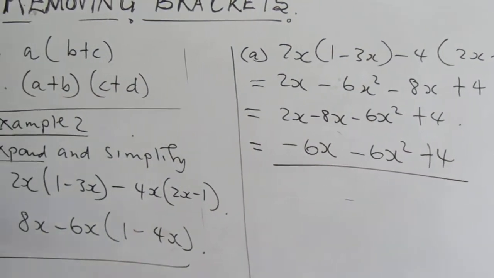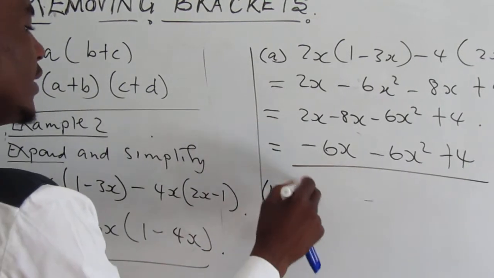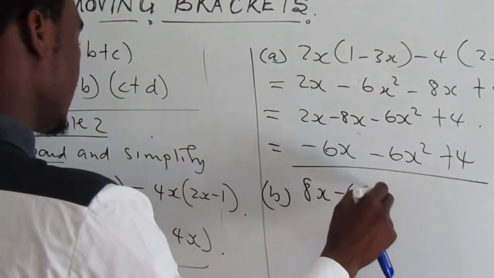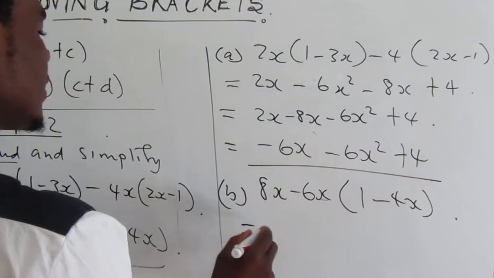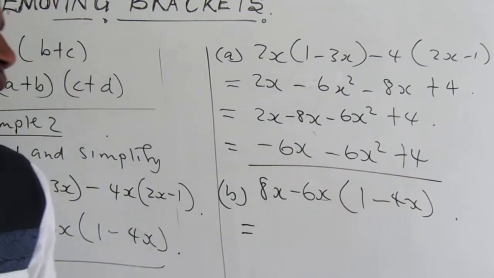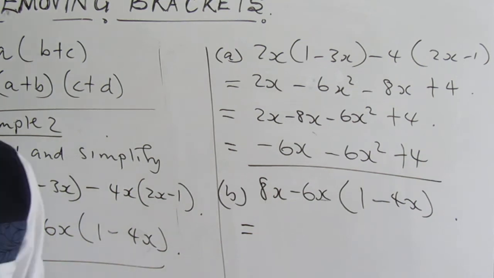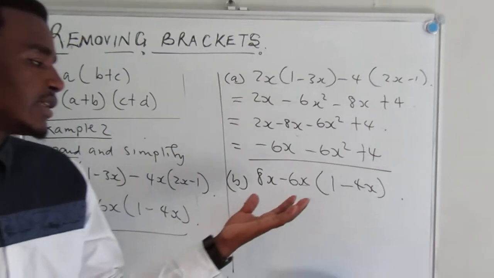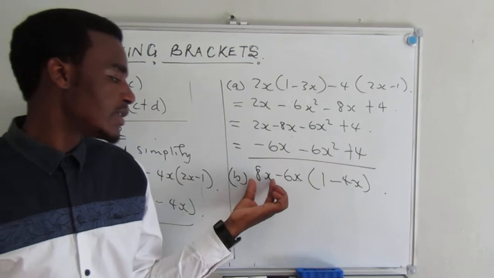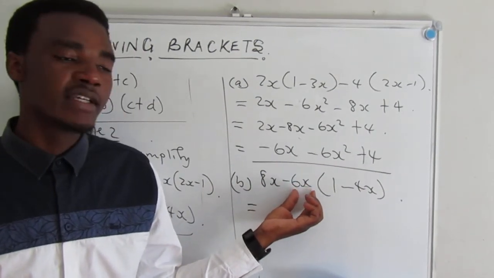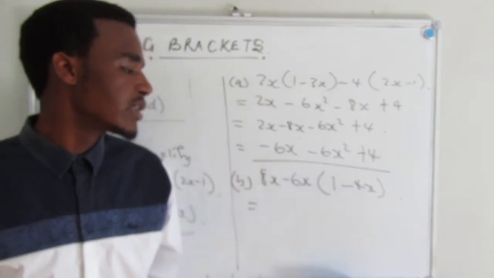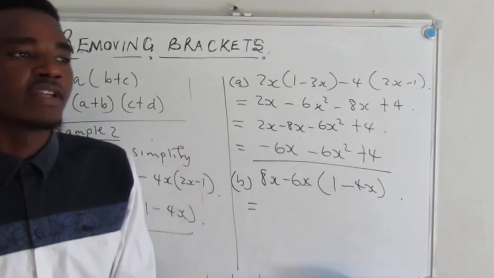Let us look at part B. Part B, 8x minus 6x times (1 minus 4x). This is a very interesting example. Many students have a tendency of starting by saying 8 minus 6x and they get a 2x, and then they multiply the 2x with 1 minus 4x, which is very, very wrong.